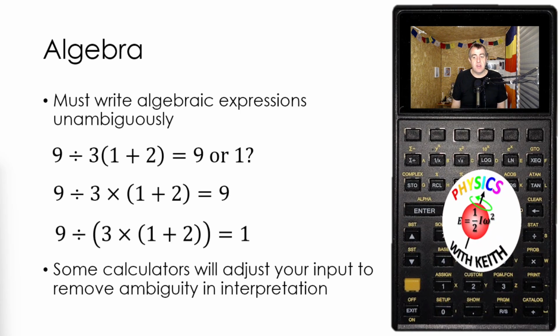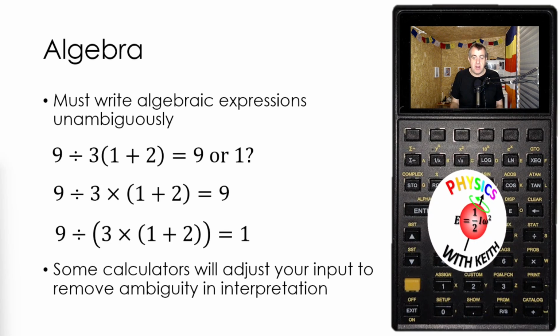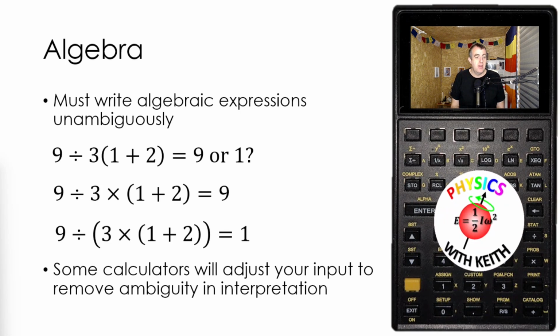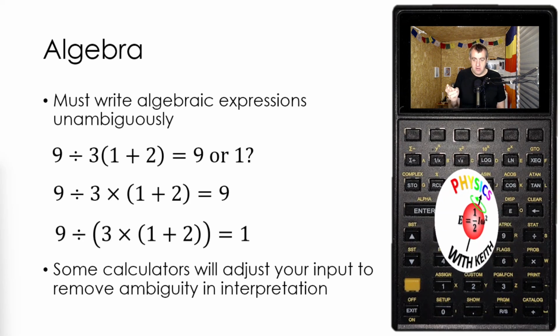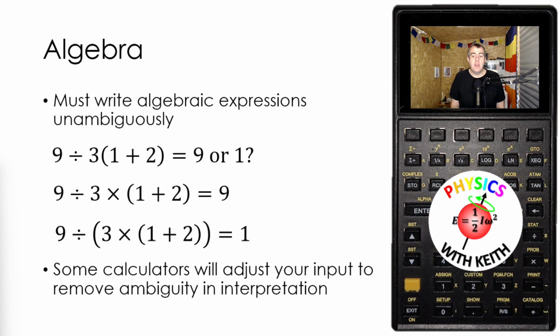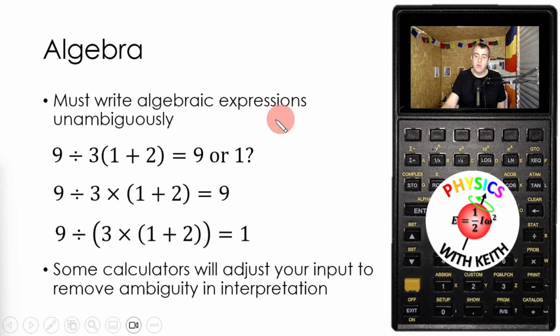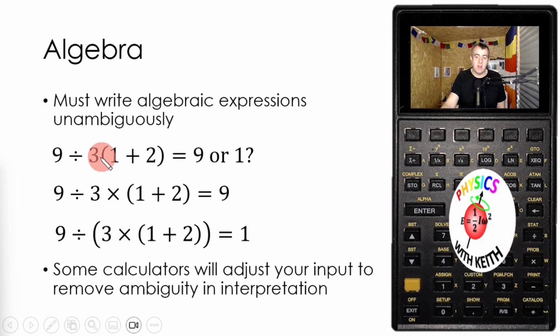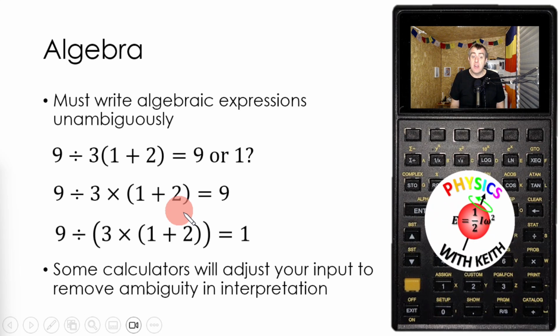Now, what's nice is that some calculators are going to do this. You type something in and it will shove some brackets in for you or something to try to help you. And the classic example, as you can see here, is when you use implicit multiplication. That is to say, I've put two quantities next to each other with no operator between them, and multiplication is implied.